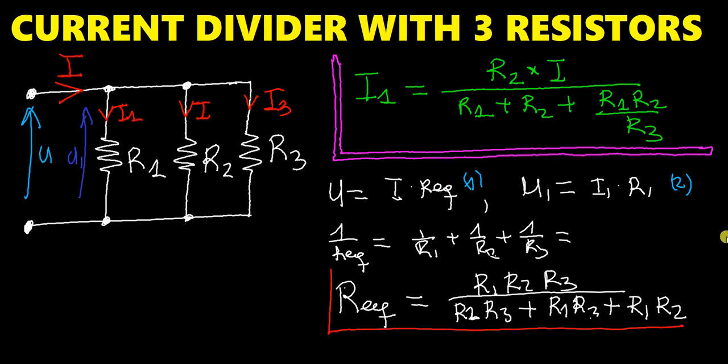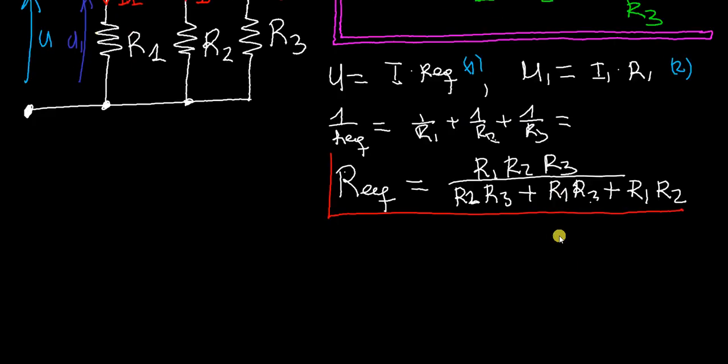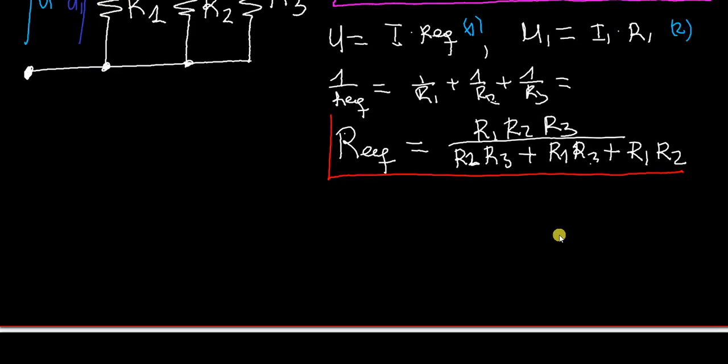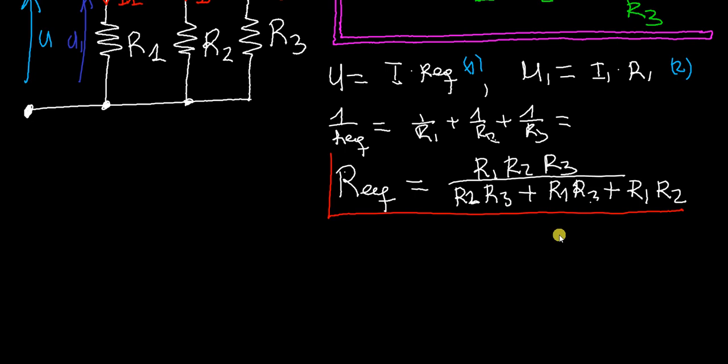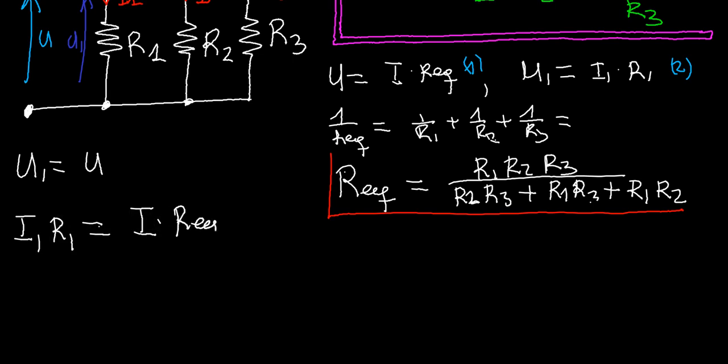Now, knowing that both U1 and U2 are equal, we can say that U1 is equal to the supply voltage. Means that we will have I1 times R1 will be equal to the supply current, main current, times R equivalent.